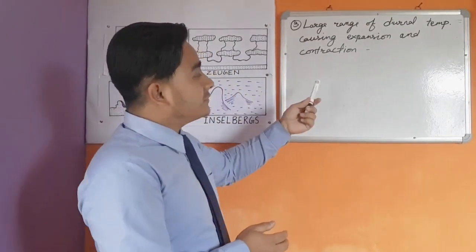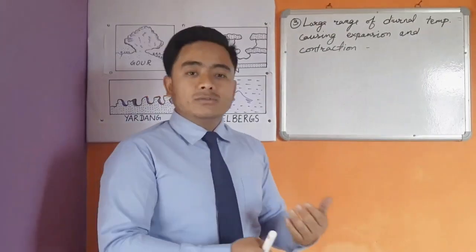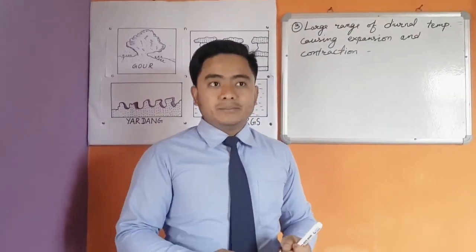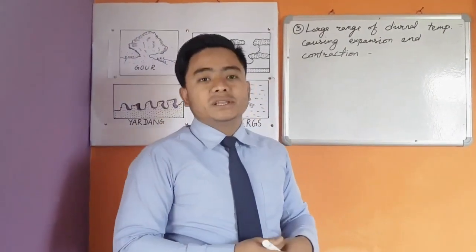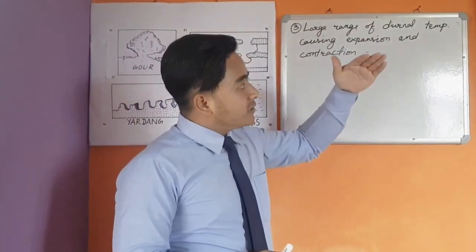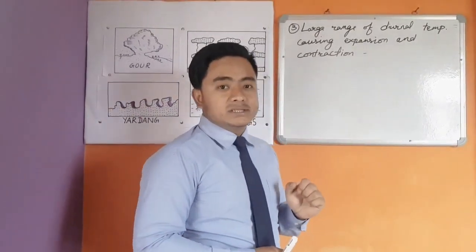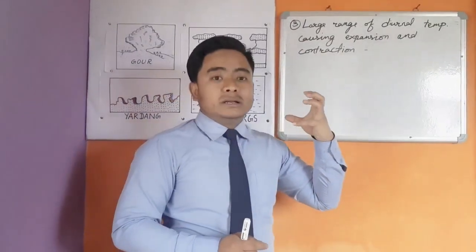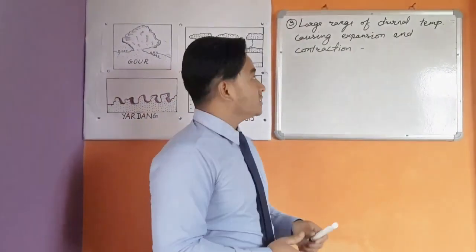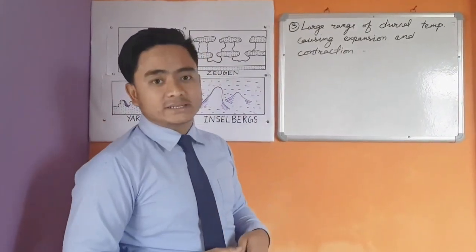The daily range of temperature in the desert area changes frequently. Sometimes the temperature increases up to 40 to 50 degrees Celsius. Sometimes the temperature decreases below 10 to 15 degrees Celsius. So due to this continuous daily change of temperature, the rocks have the tendency to expand and contract.